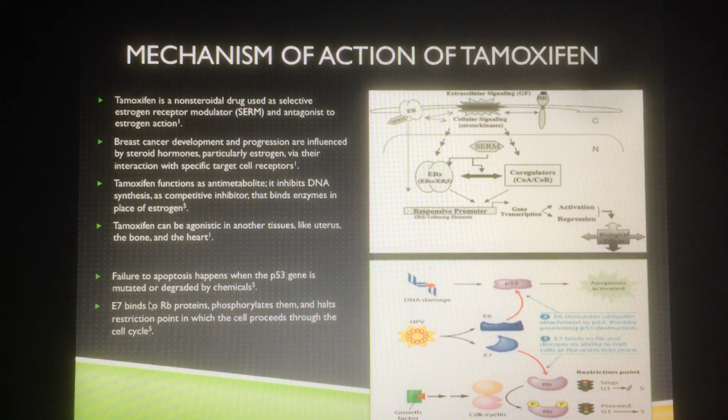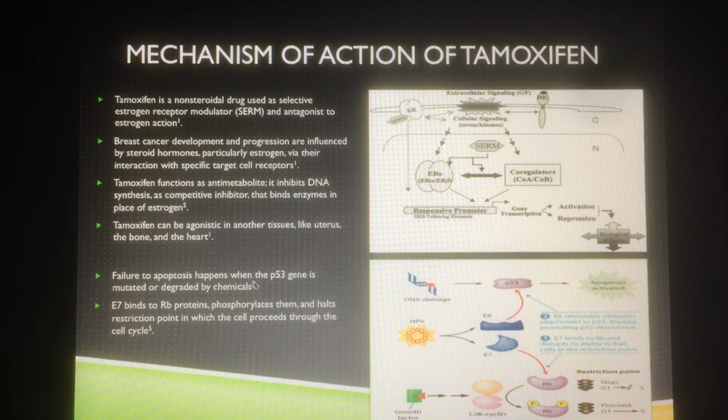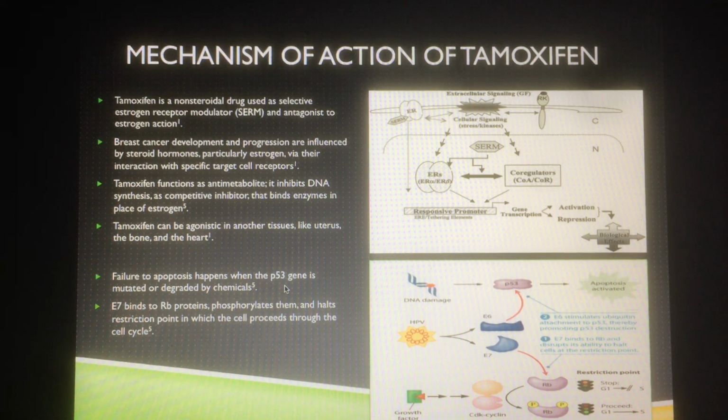Some of the failures of apoptosis happen when the p53 gene is mutated or degraded by chemicals, or when E7 binds to the RB proteins and phosphorylates them. Here we have a picture on the right in which this virus produces two proteins, the E6 and the E7.